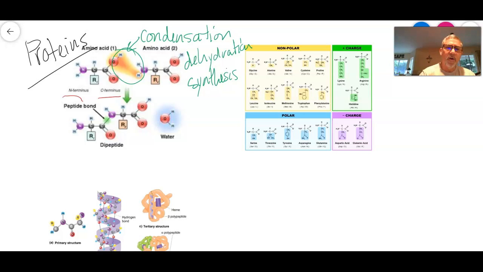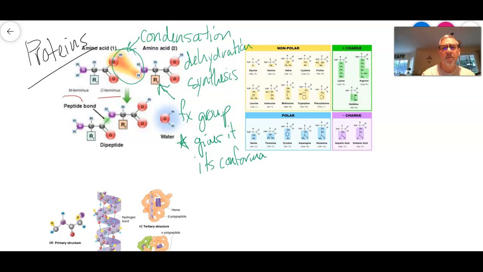Okay, so the R right here, remember that's our functional group. And this gives it its shape or properties.